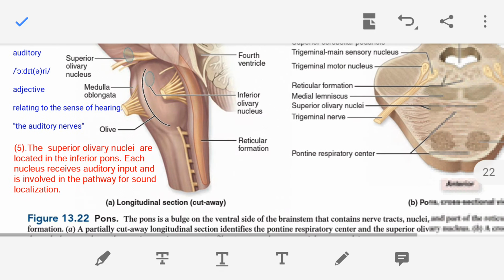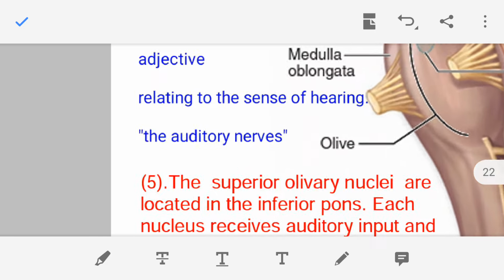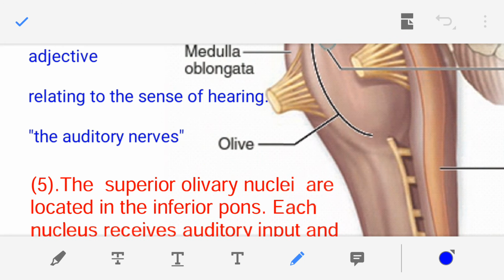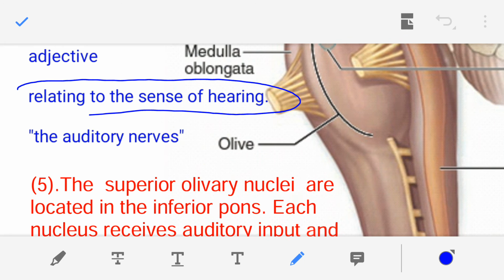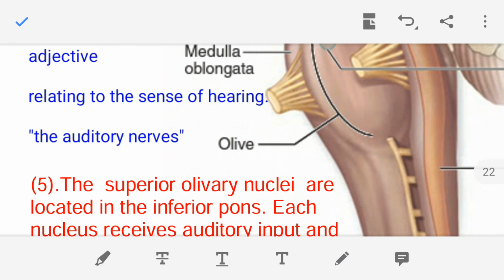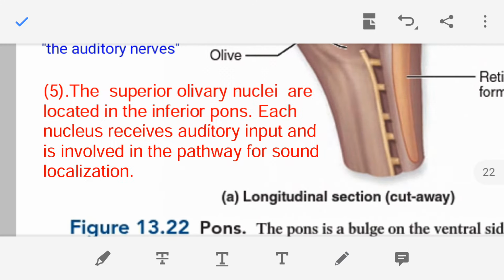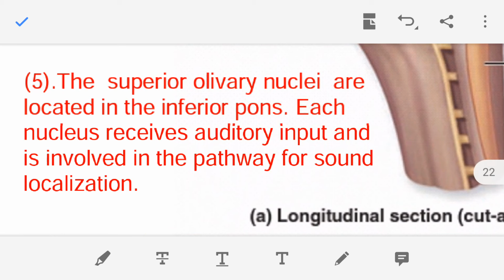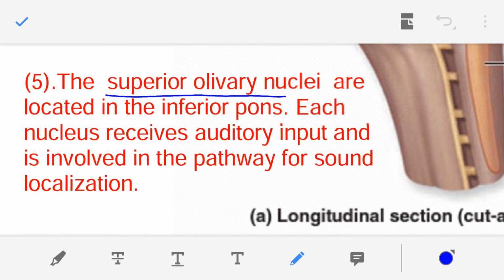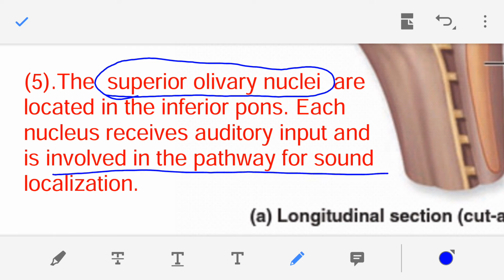Now what is auditory? Auditory relates to the sense of hearing. So the superior olivary nuclei receive the sensation of hearing. They receive auditory input and are also involved in the pathway for sound localization.